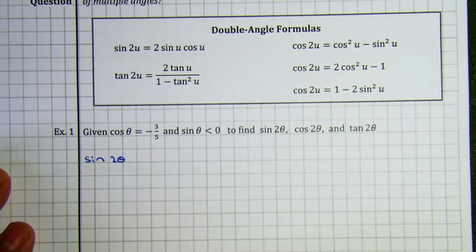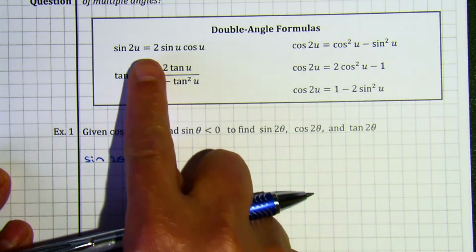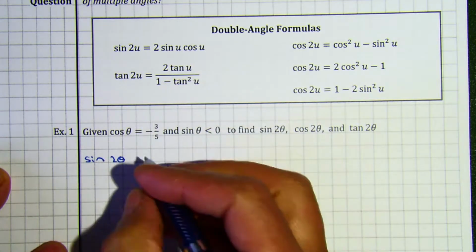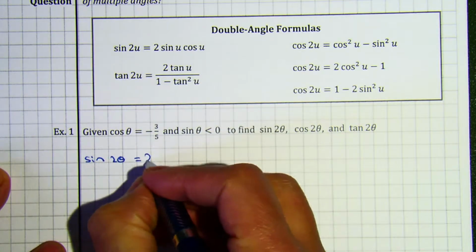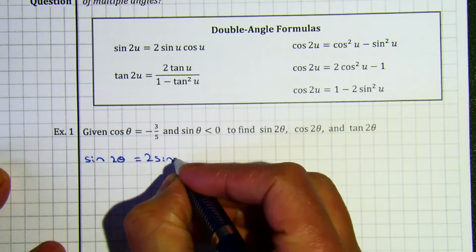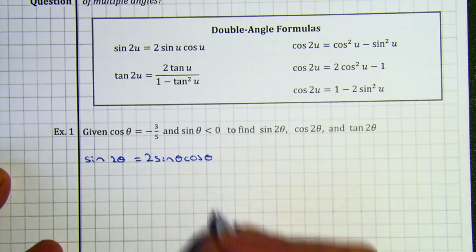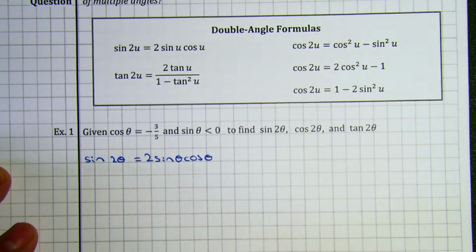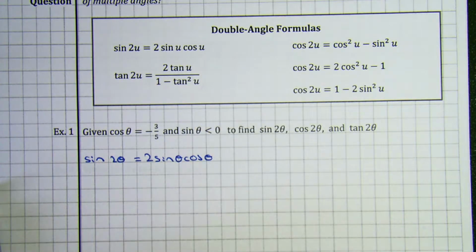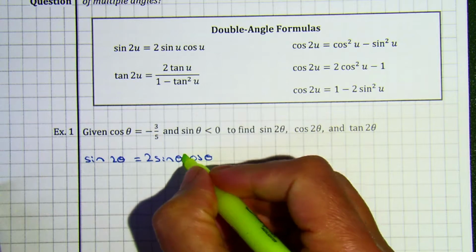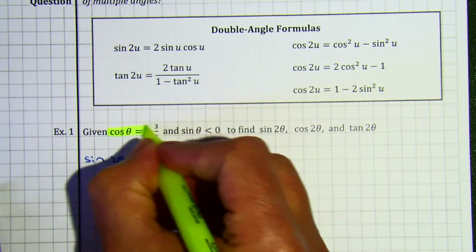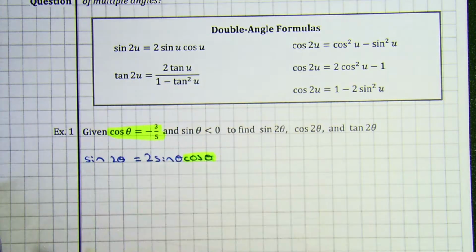Now, if you notice, for the sine of 2 theta, we only have one equation that we can use. We are forced to use 2 sine of theta cosine of theta. And we are able to substitute the cosine of theta. We know that is -3/5.